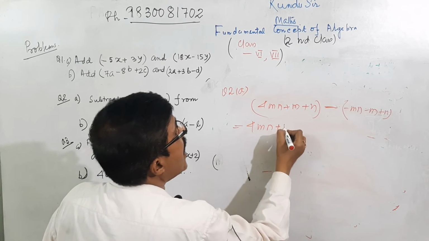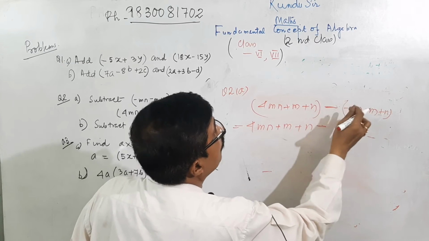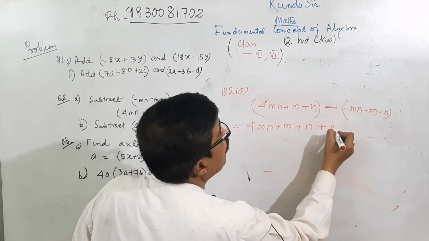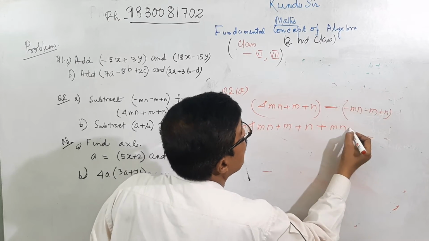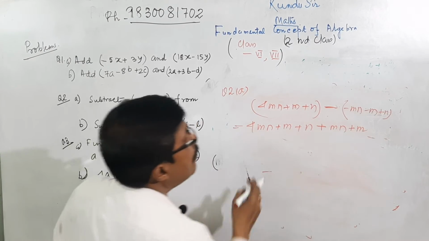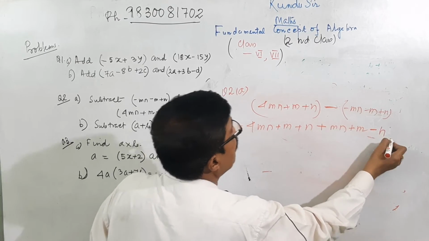4mn plus m plus n, minus into minus equals plus mn, minus into minus equals plus m, minus into plus equals minus n.